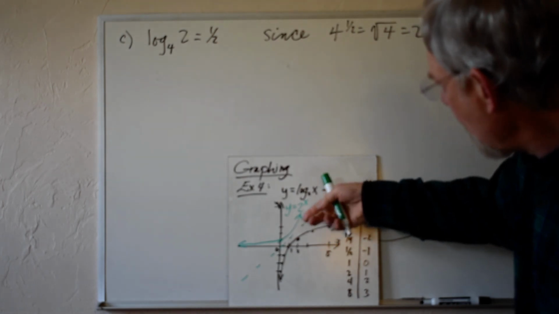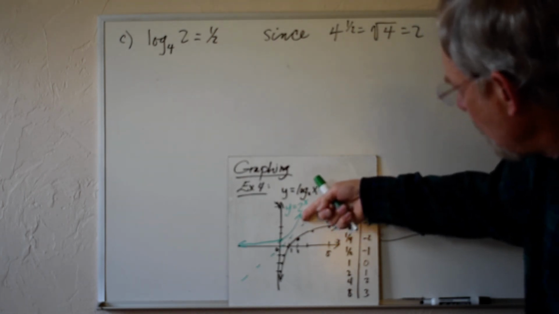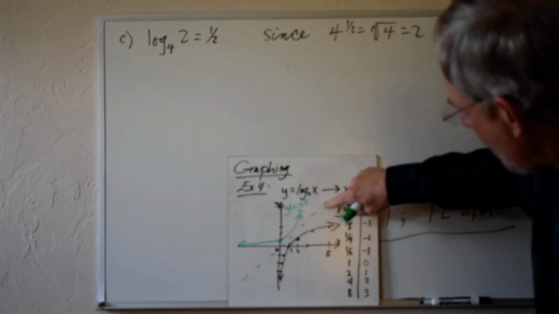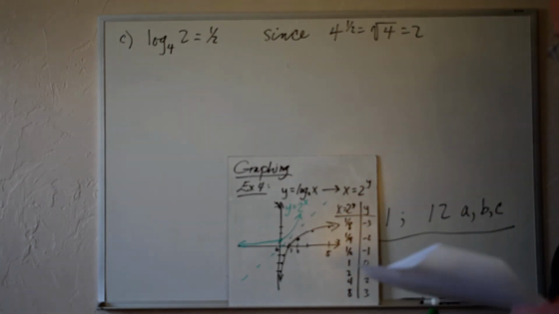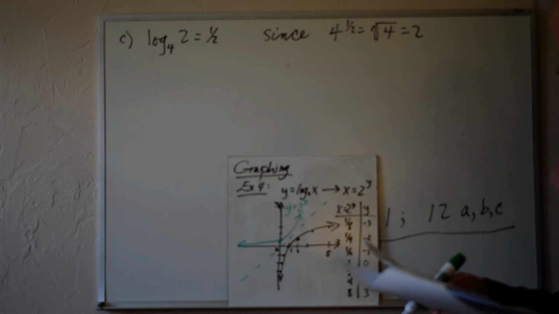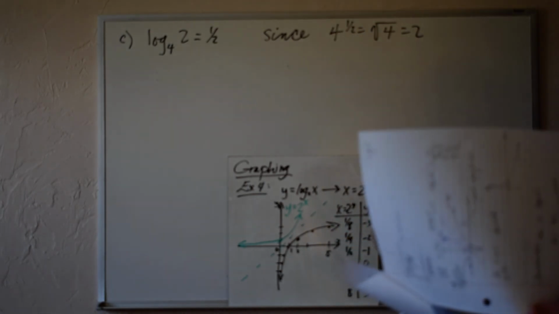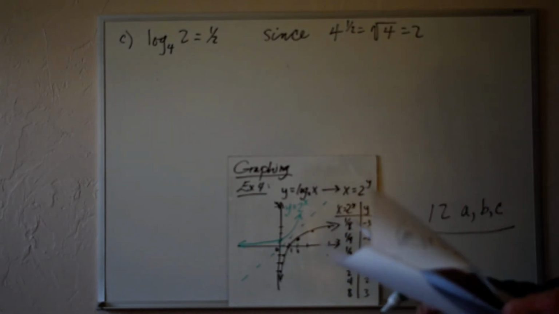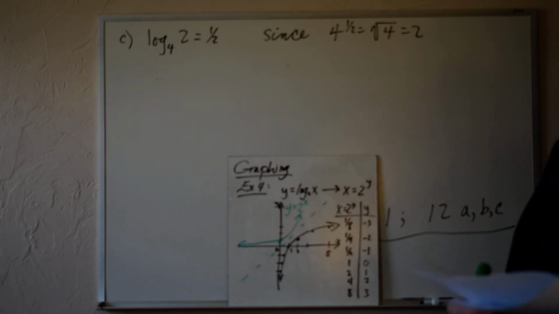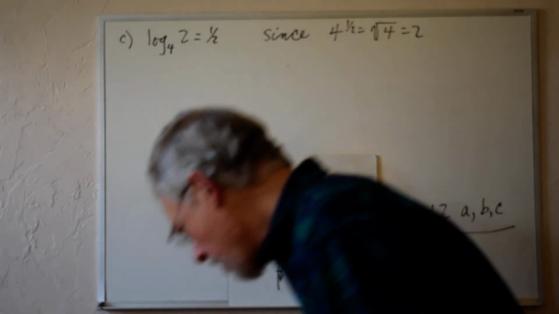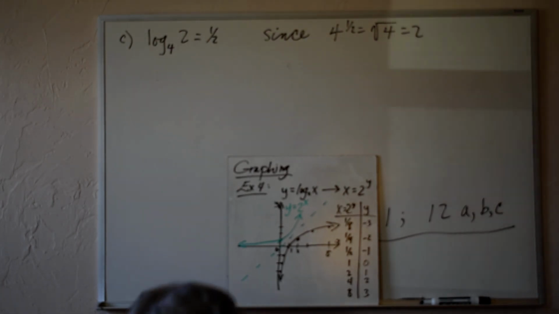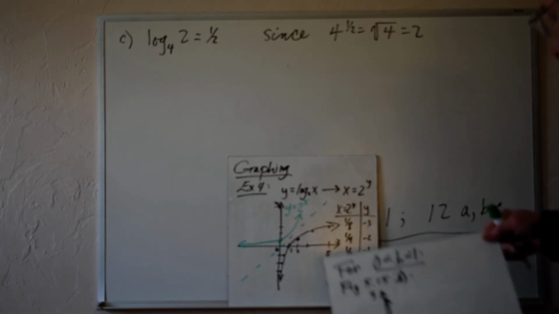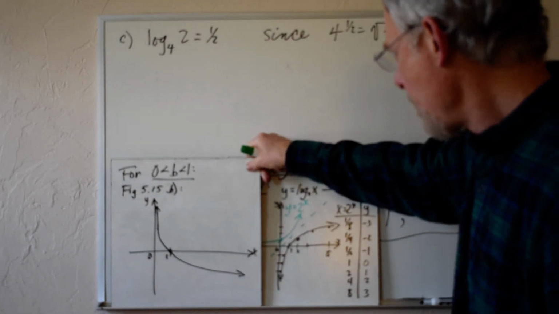And you can see that if I flip this green curve over that dashed line, it's going to land on my black curve here. Finally with the graphs, that's the final thing I should say for right now.